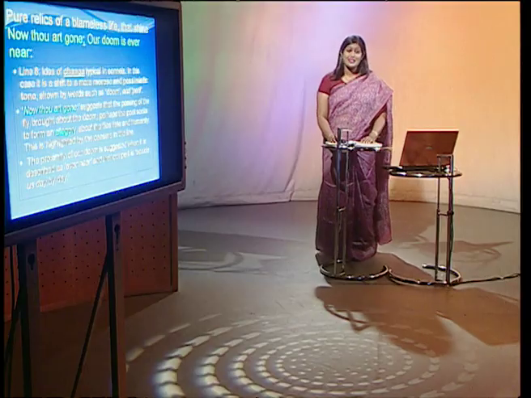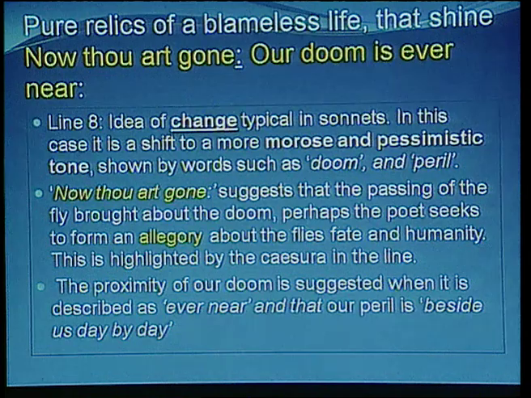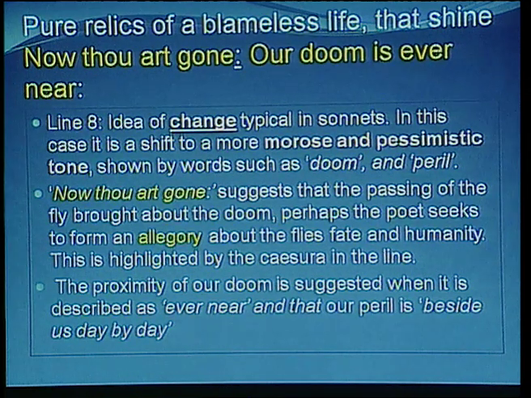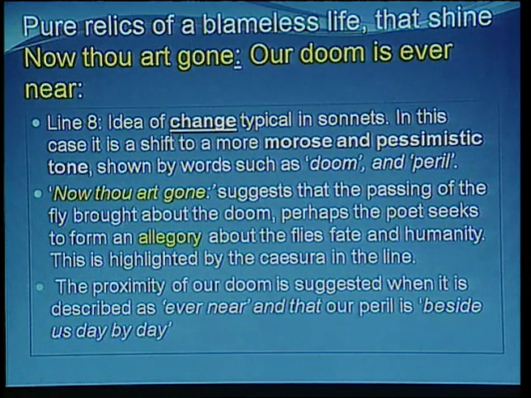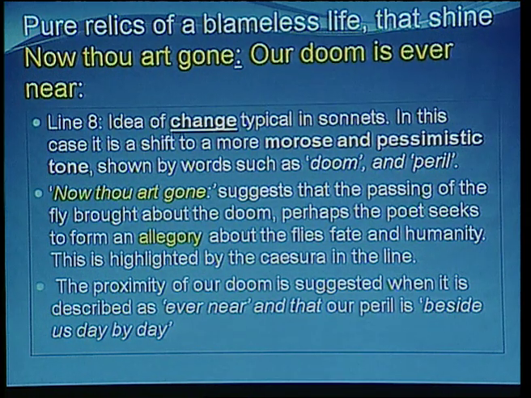But we also note that the poet uses a lot of light in his description of the fly to convey to the fly this impression of being even better than life. The next lines run like this: "pure relics of a blameless life, that shrine now thou art gone, our doom is ever near." Line 8 contains the idea of change that is taken up in many sonnets.